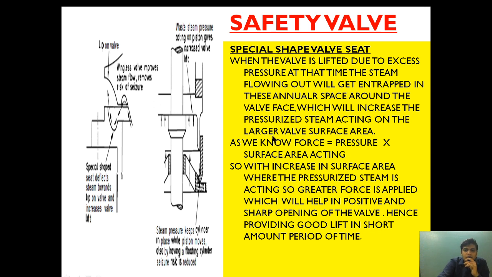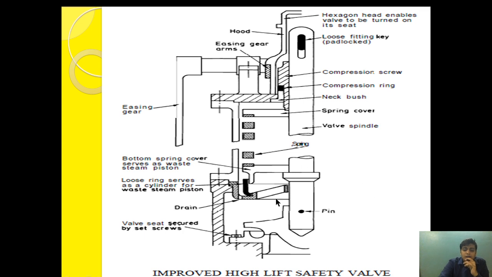So the same thing I have written here. As you know, force is equal to pressure times the surface area acting. So with an increase in the surface area where the pressurized steam is acting, greater force is applied, which helps in positive, sharp opening of the valve, hence providing good lift in a short amount of time. So it is very clear that once the steam lifts the valve slightly, it is deflected back through this annular space and acts on the lip surface area of the valve.